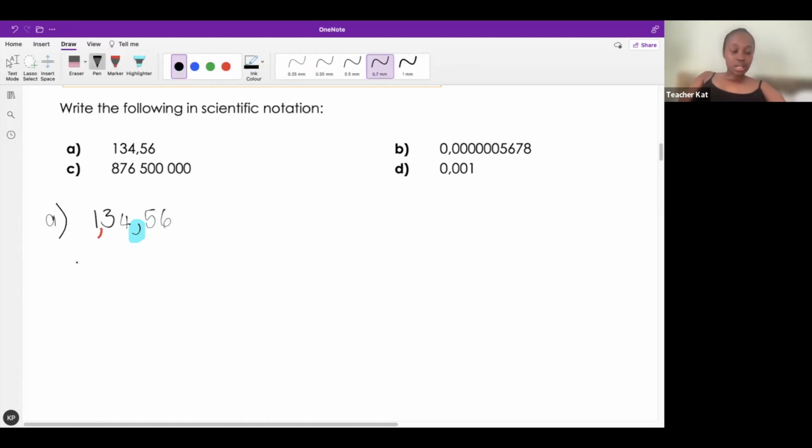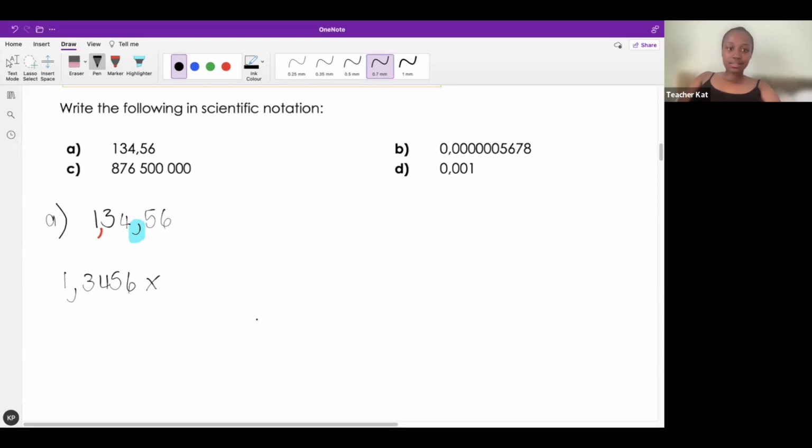Okay, so it has to be 1, 3, 4, 5, 6. I wrote all the numbers because I told you guys you have to write every single digit that is not a 0. You have to write it. Okay, so I have 1, 3, 4, 5, and 6 times. What base are we using again?